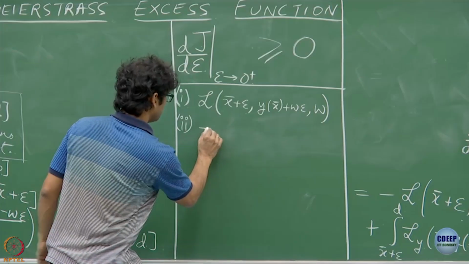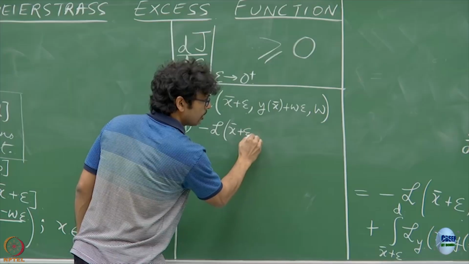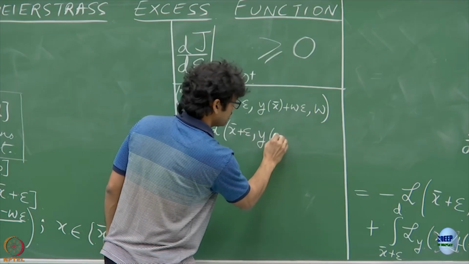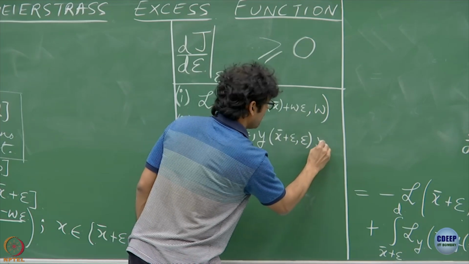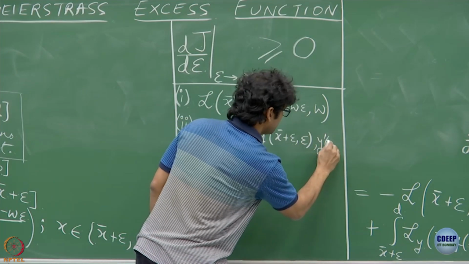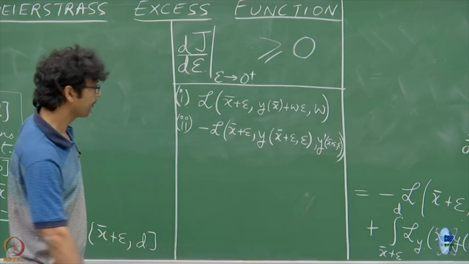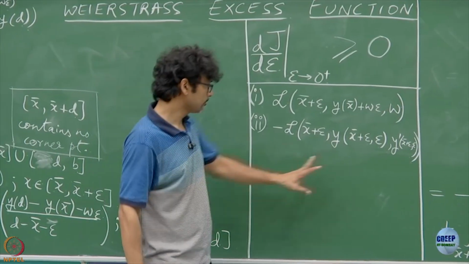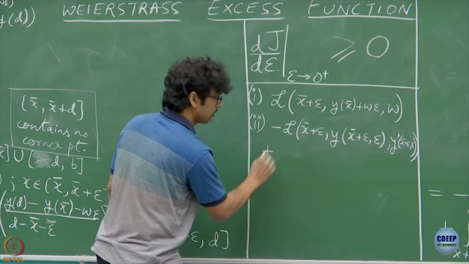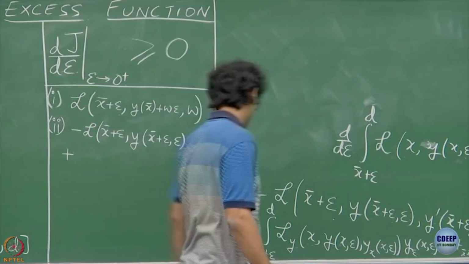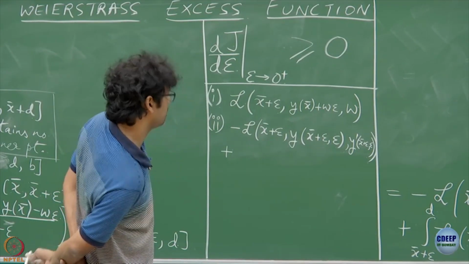So I'm going to just pull out minus L, x bar plus epsilon, y at x bar plus epsilon comma epsilon, and y prime at x bar plus epsilon comma epsilon. And I'm going to also keep this integration. Should I keep it or should I dump it? No, let's keep this integration here.